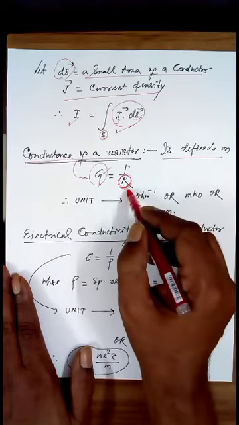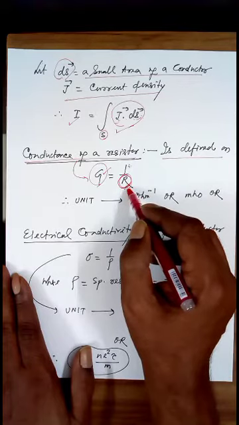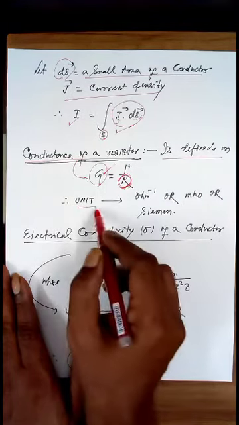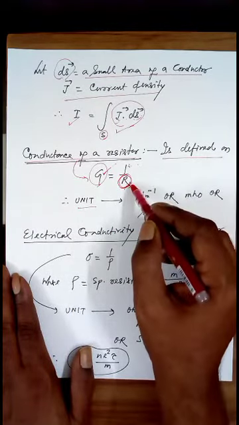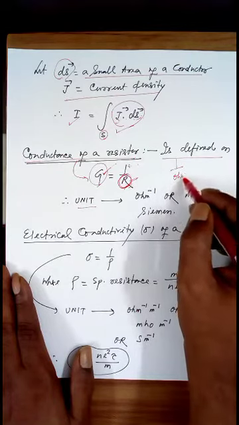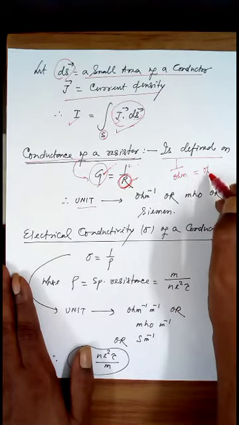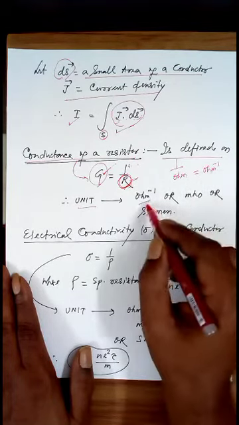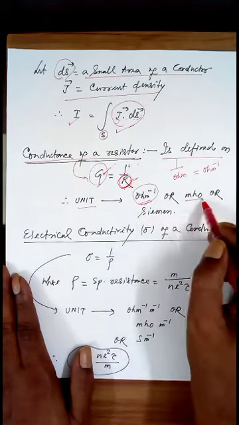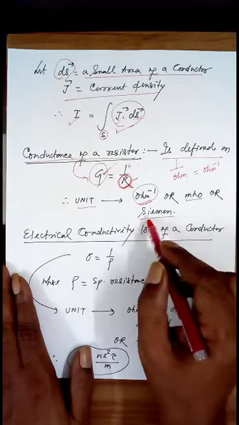If R is less, then 1 by R is more, that is, the conductance of the resistor is more. Its unit is 1 by resistance. The unit of resistance is ohm, so 1 by ohm is written as ohm inverse, or you can say mho, or Siemen, S-I-E-M-E-N.